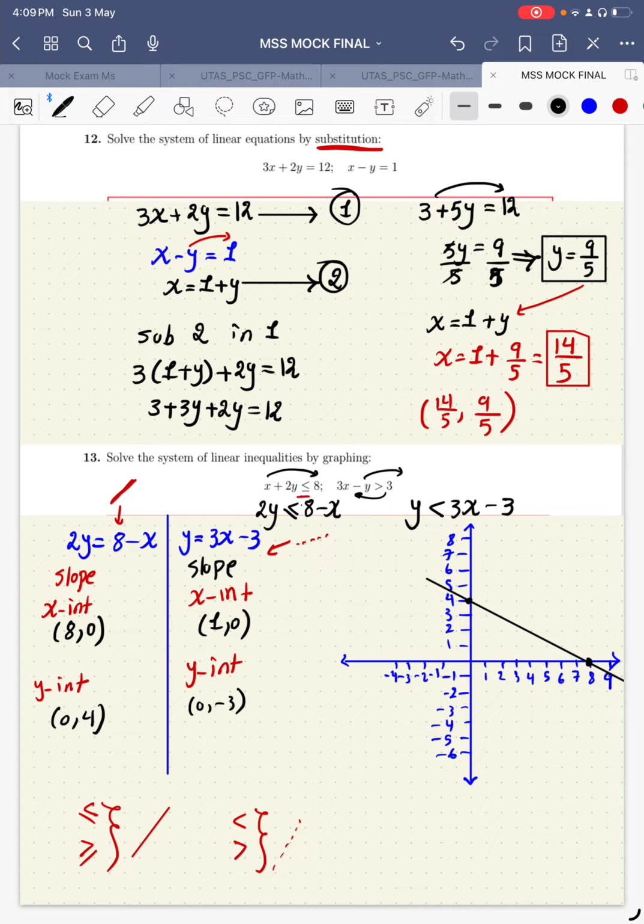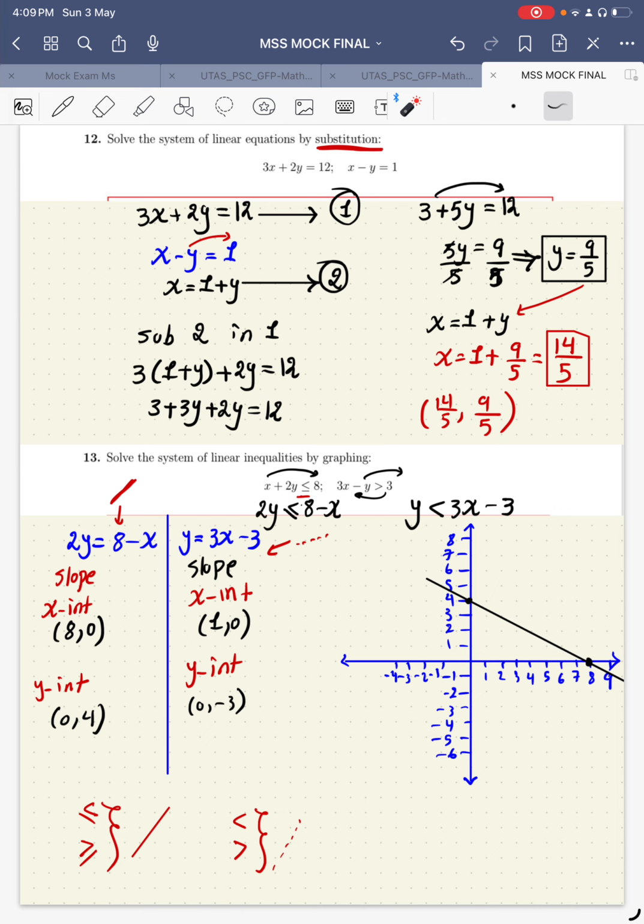Then now let's go to the inequalities again. Remember the golden step I have done? I put y equal to in one side and I put everything in the other side. So that's my first inequality. I put y in one side. Which is greater, y or x?